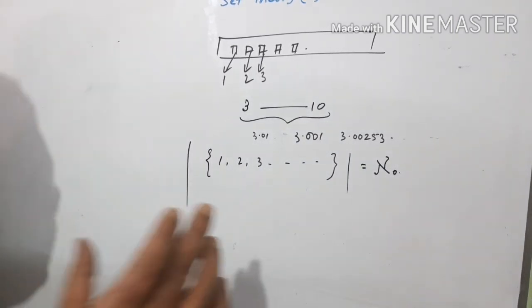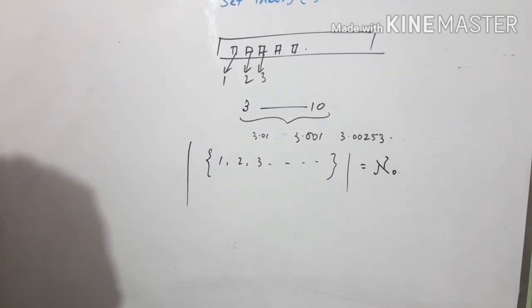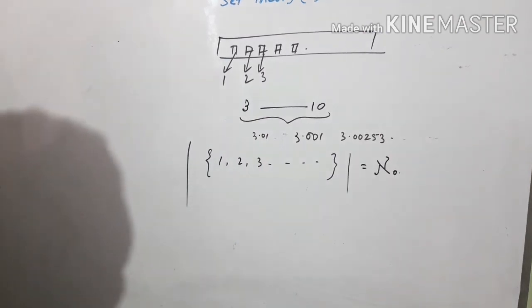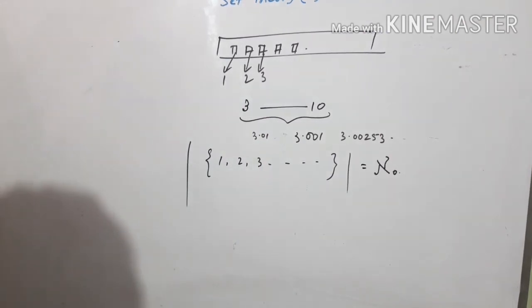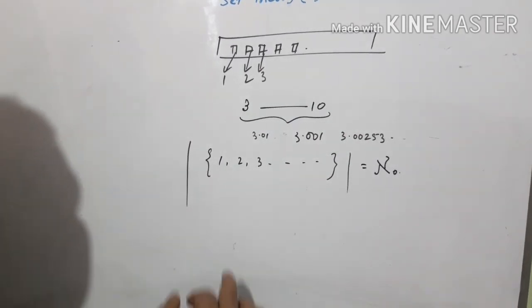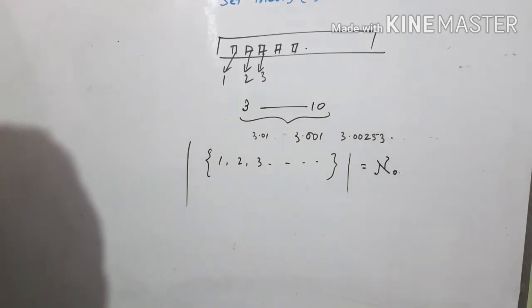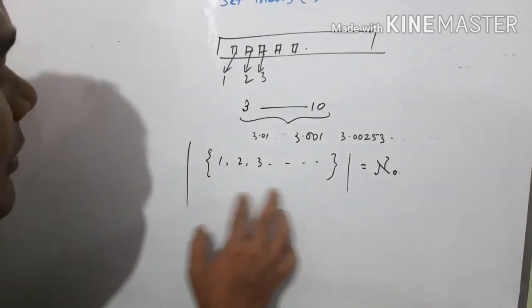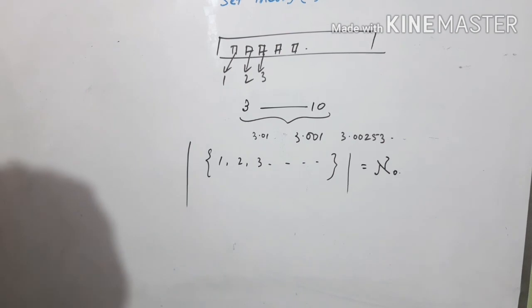Clear? So if any set has cardinality less than Aleph null, then we say that the set is finite. Clear?